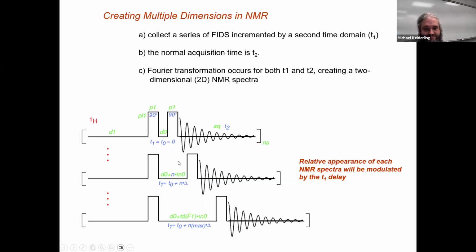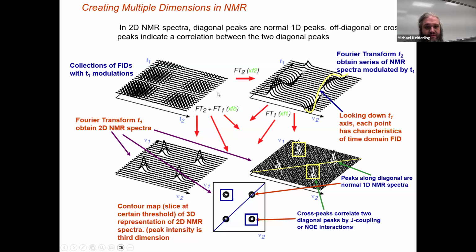They're 2D plots. In 2D NMR spectra, if you go along the diagonal, that would be normal 1D peaks. And off diagonal or cross peaks indicate a correlation between two diagonal peaks.